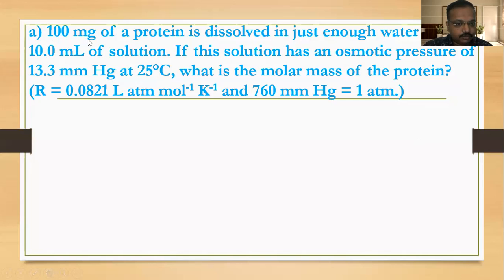100 mg of a protein is dissolved in just enough water to make 10.0 ml of solution. So here we are making a solution of protein by mixing it in water. 100 mg of protein is dissolved in enough water.